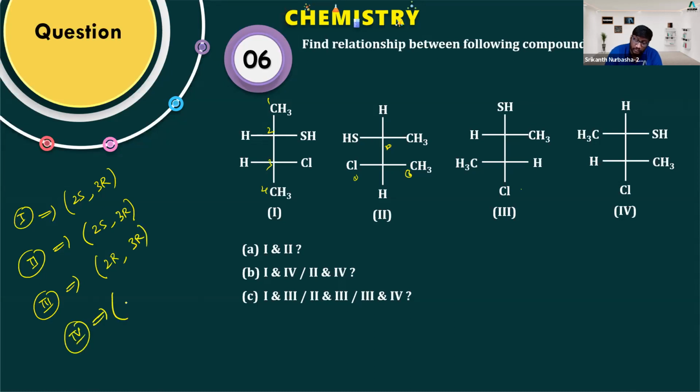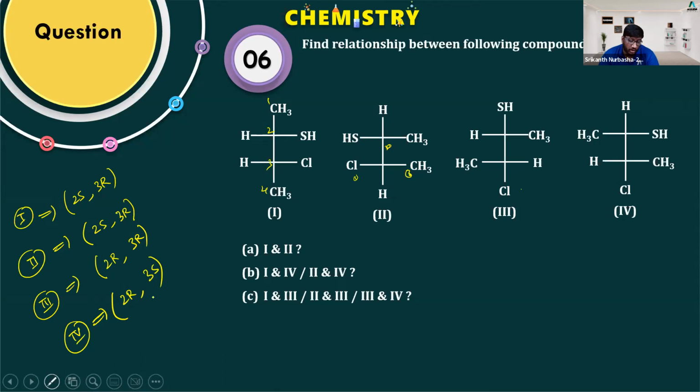Fourth compound: first priority, second priority, third priority, clockwise direction, R. So directly R because hydrogen is on the vertical line, the fourth priority, so 2R comma, first priority, second priority, third priority, you are going clockwise, and hydrogen is the fourth priority, so 2R comma 3S.